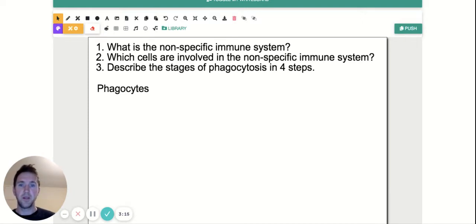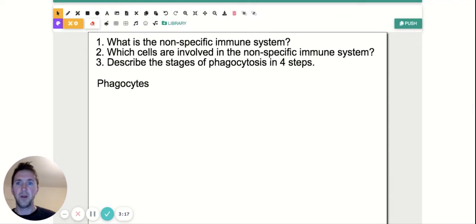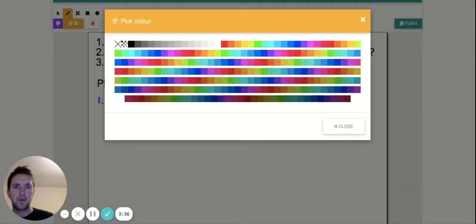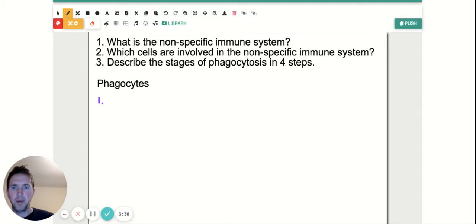So I wanted you to be able to do this in 4 steps. And there are some key words or descriptions that I want you to cover as part of that. So let's just draw it and go through it, and then I'll type out some key words that I want you to have covered. Let's start with step 1, going with purple. Let's draw a pathogen.